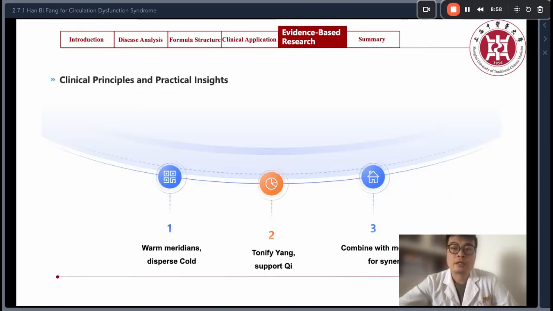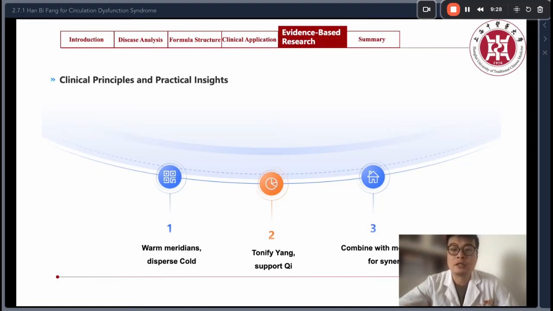In clinical practice, here's how we use Han Bi Fang. First, use it when the pain is cold, deep, and worse in winter or damp weather. It's especially effective for conditions like frozen shoulder, cold knee pain, and lumbar stiffness in the elderly. Just a few tips. Use caution with Ma Huang in patients with hypertension or heart disease.